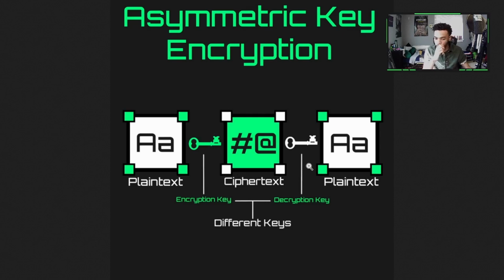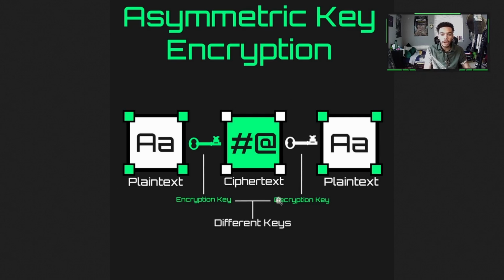But the thing with asymmetric encryption is that it has a separate decryption key from its encryption key. These are two different keys. One key is used to encrypt, and one key can be used to decrypt. So that's how the cipher works, and it makes it a little bit more secure. In fact, asymmetric encryption is more secure than symmetric encryption.